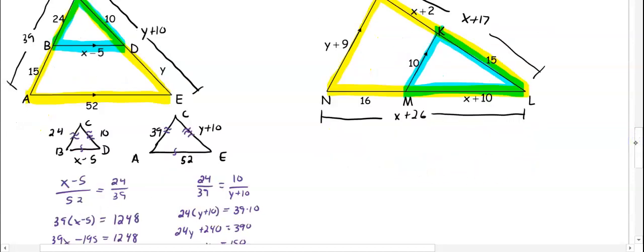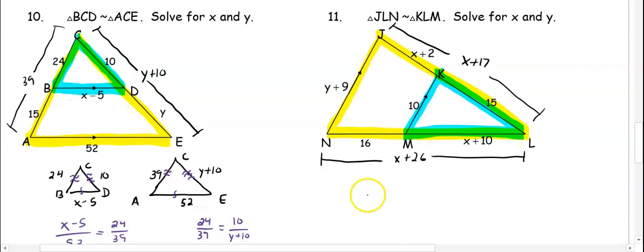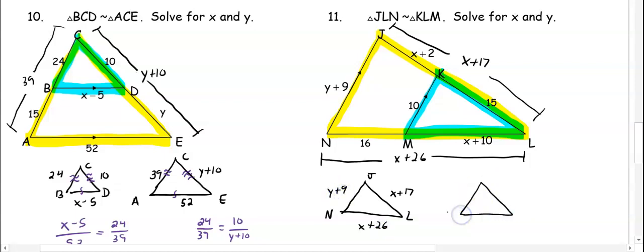If you want, you can redraw the two triangles. So if we redraw them, NJL, we have x plus 17, x plus 26, and y plus 9. And the smaller triangle of MKL, we have 15, x plus 10, and 10.